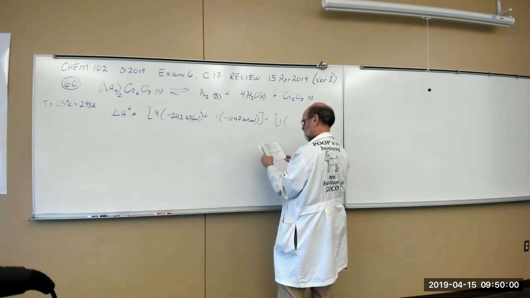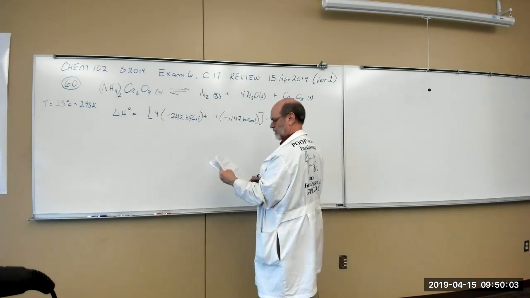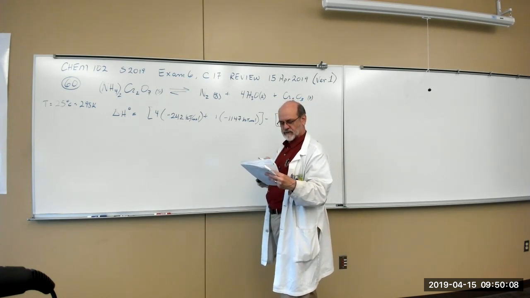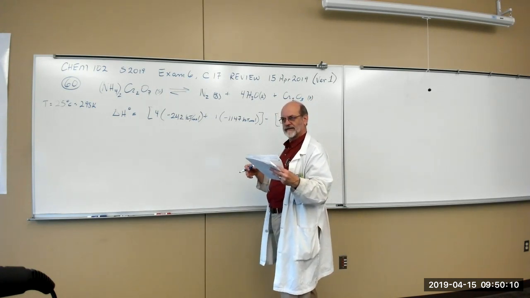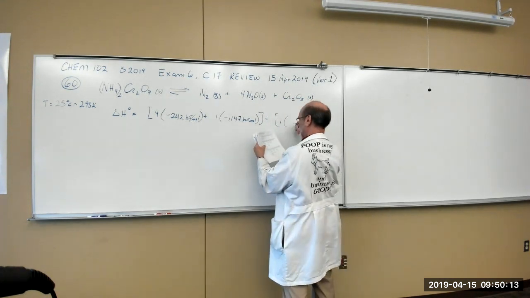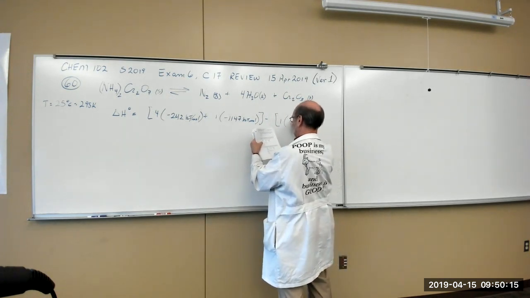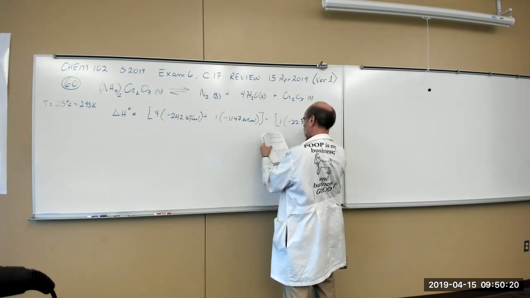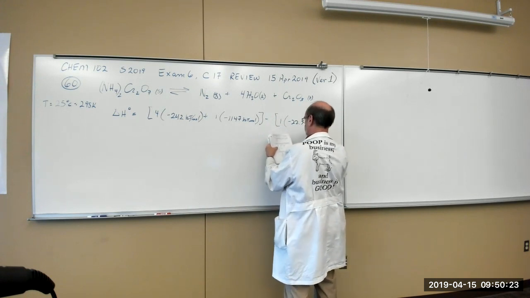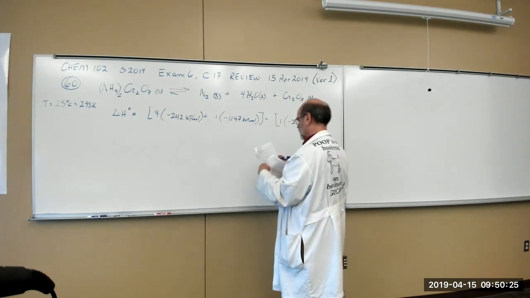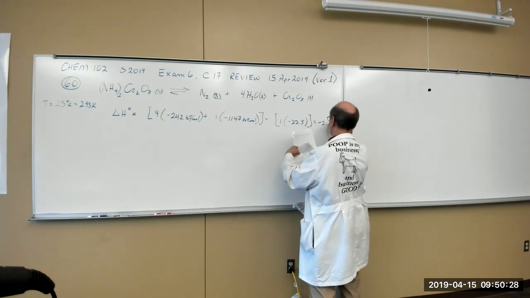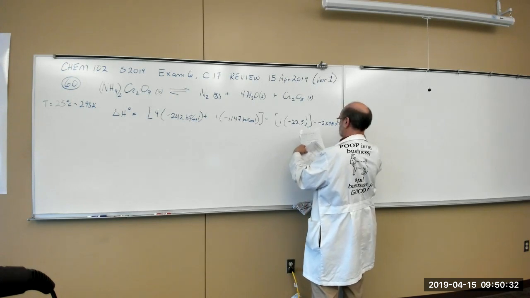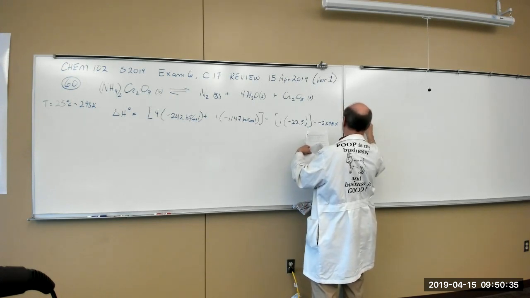The formula for ammonium dichromate is right there, so you don't need that. You don't need the polyatomics. Okay, so this is going to give us minus 2.093 times 10 to the third kilojoules.